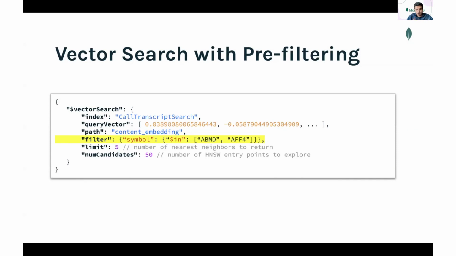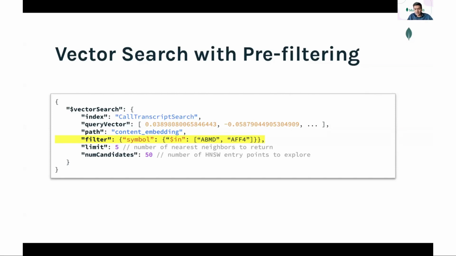And just briefly, I want to talk about the syntax and all the hyperparameters that you have available for doing this filtering. There is a stage called $vectorSearch, which allows for specifying a filter, which is a pre-filtering construct. There is a limit, which is the number of neighbors that you want to return. And there is numCandidates, which is like the HNSW entry points that you want to explore. Essentially, your data is split into different segments, and you can request from different segments and fuse them together.